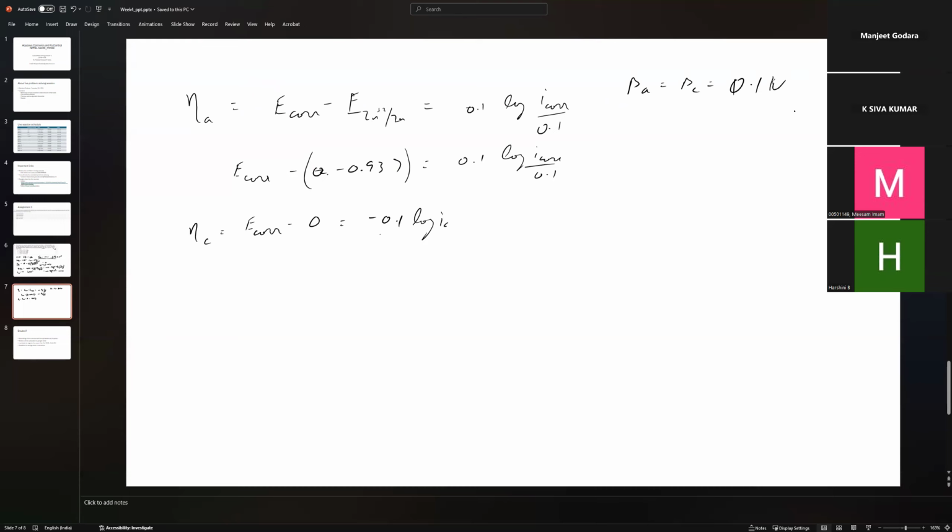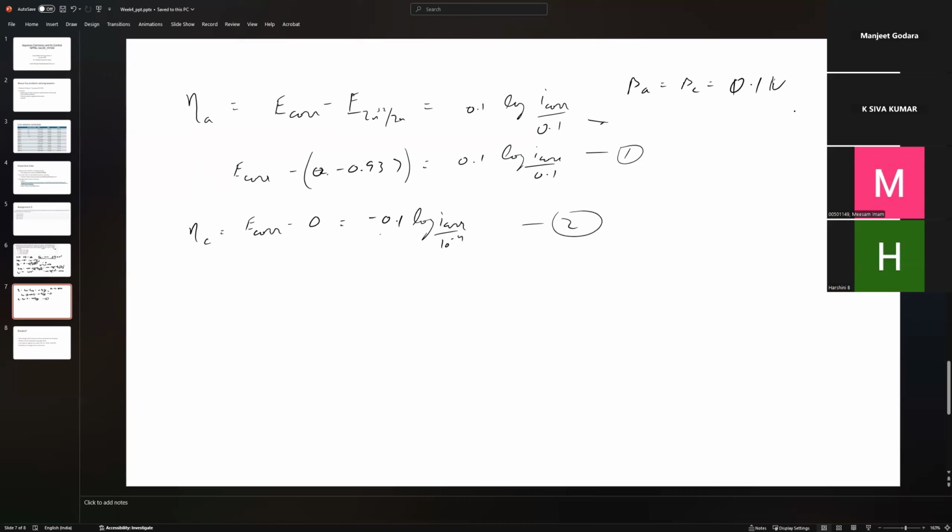So this is our equation 1 and this is equation 2.